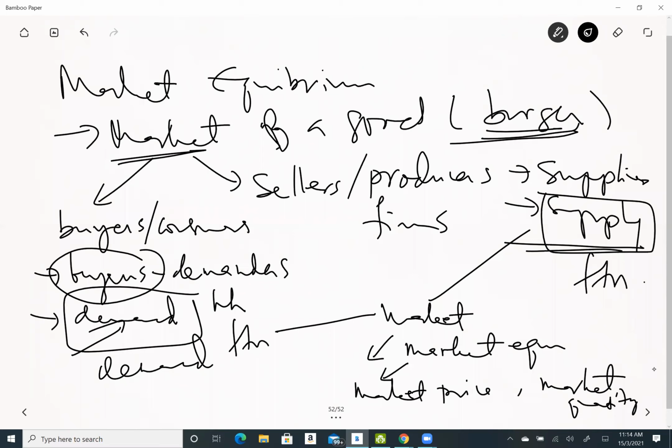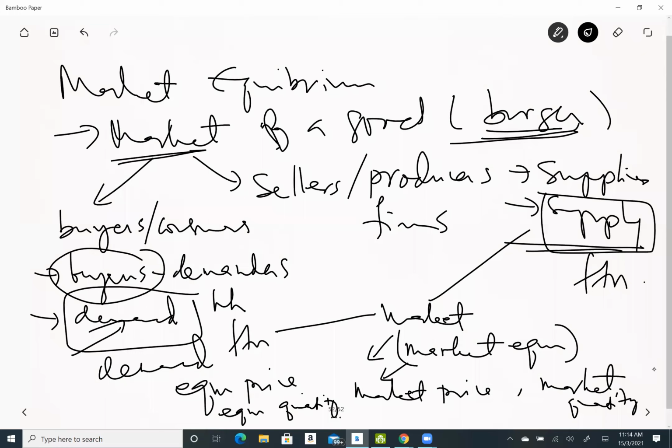Sometimes we call it the equilibrium price and equilibrium quantity. They are the same thing: market price is the equilibrium price, and market quantity is the equilibrium quantity.